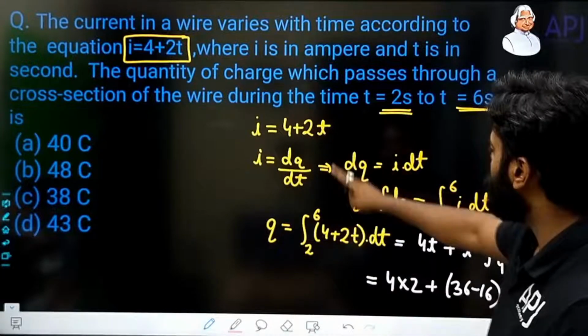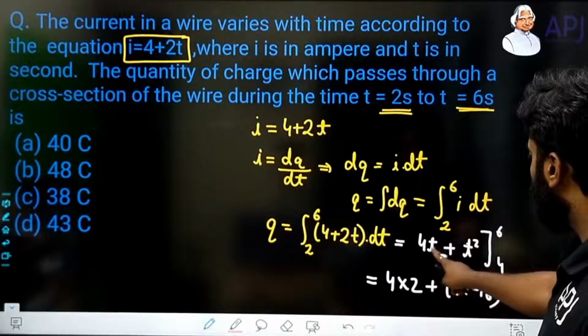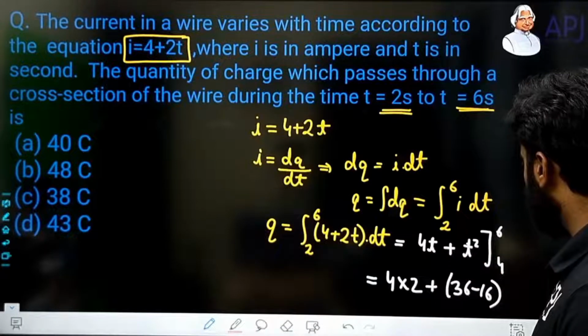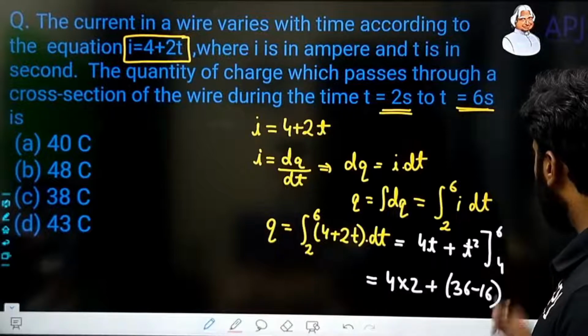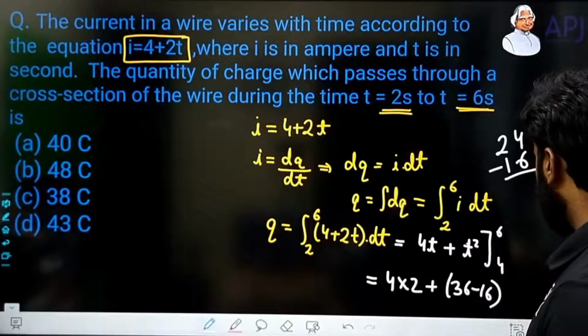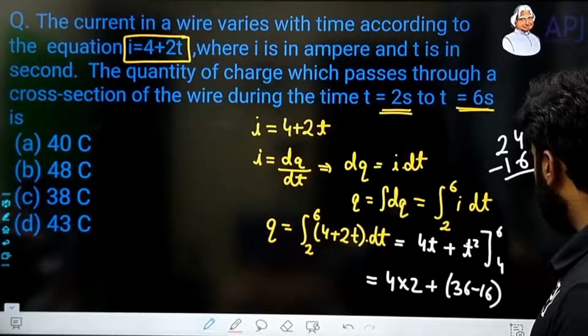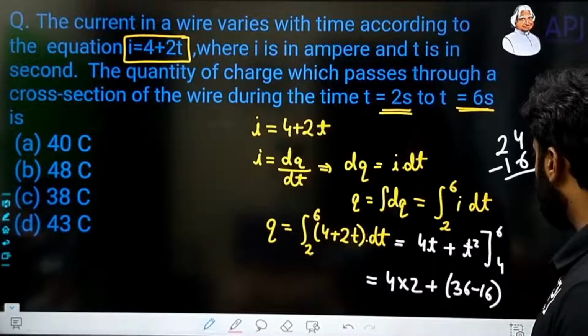This is given to us, 4t. 4t हमने रखा, यहाँ पे t स्क्वायर रखा. 6 की वैल्यू आप डाल दीजिए यहाँ से.